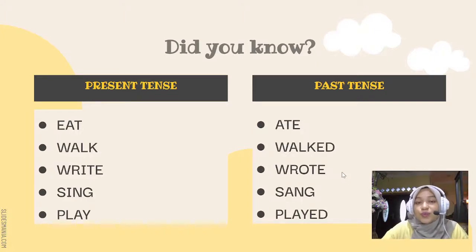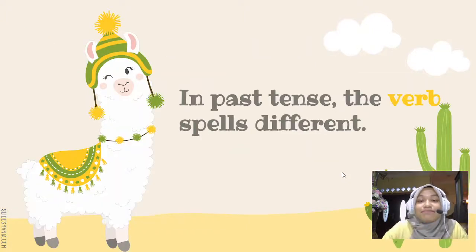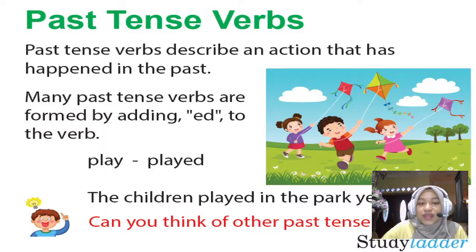So I will show you the example. In past tense, the verb spells differently, just like we saw just now. Past tense verbs describe an action that has happened in the past. Many past tense verbs are formed by adding ed to the verb. Just like I showed you just now, play becomes played.